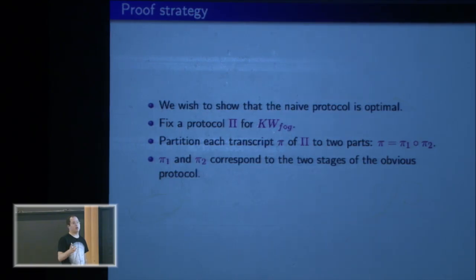Pi 1 is going to be a prefix, pi 2 is going to be a suffix, and intuitively they correspond to the two stages of the protocol. Pi 1 corresponds to the stage in which the players solve the KW relation of f, and pi 2 corresponds to the part in which they solve the KW relation of G. We'll see in a second what we can actually say.